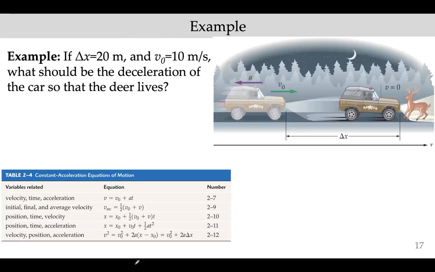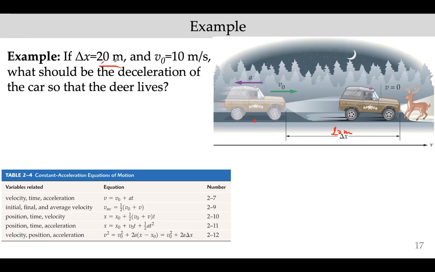Let's do this example. Let's say this ranger is here, and the ranger sees a deer at some distance, which is given to be 20 meters. As soon as he sees the deer, he pushes on the brakes, and what he wants is to slow down and stop without hitting the deer.